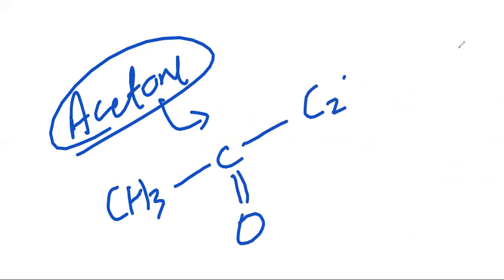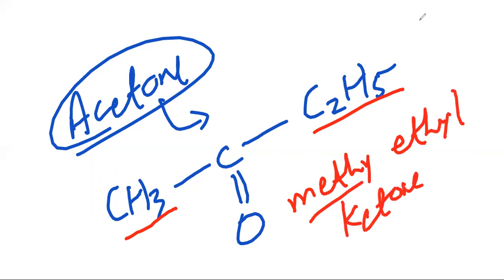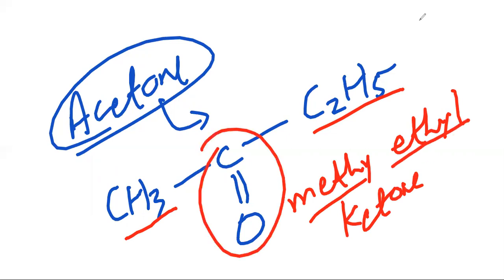If it's written CH3 here and C double bond with O and C2H5, what will be its name? This is methyl, this is ethyl. Methyl ethyl ketone.